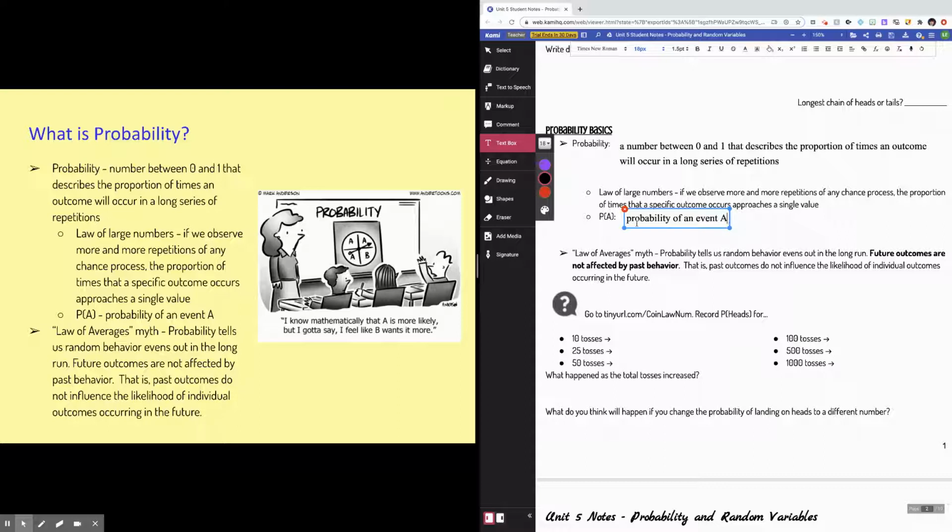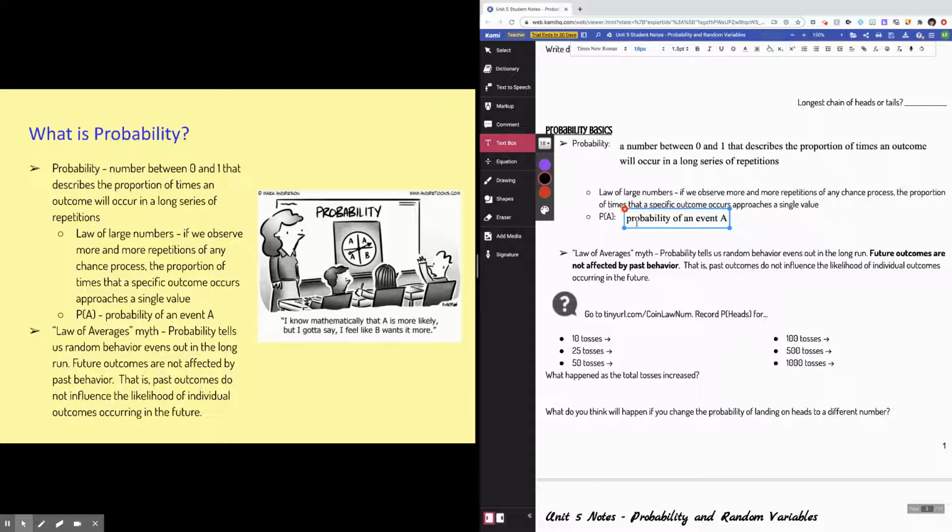Right? So the law of large numbers, the way I kind of want you to think about it is, say you flip a coin, and it's a fair coin. So you have a 50-50 shot of landing on heads or tails. That 50-50 shot comes from the law of large numbers.